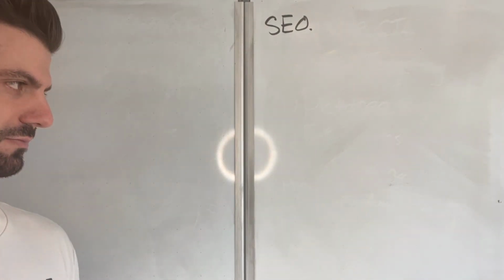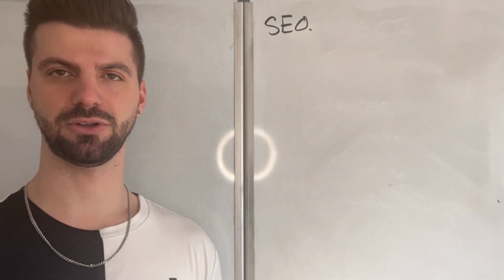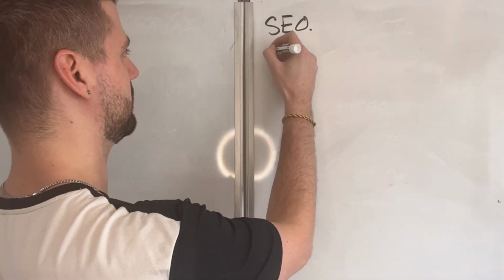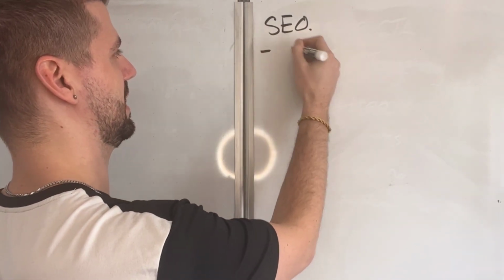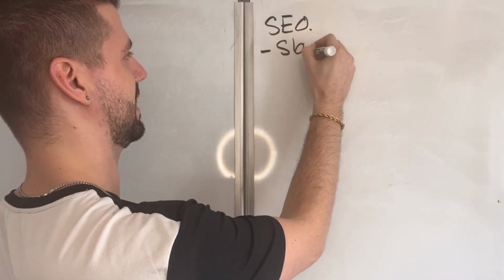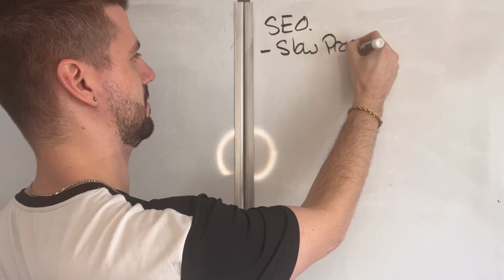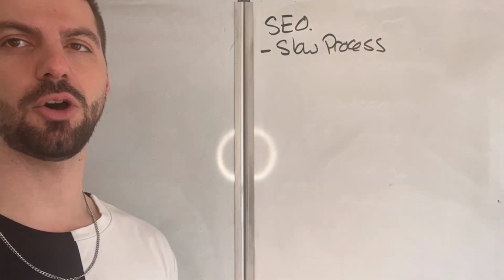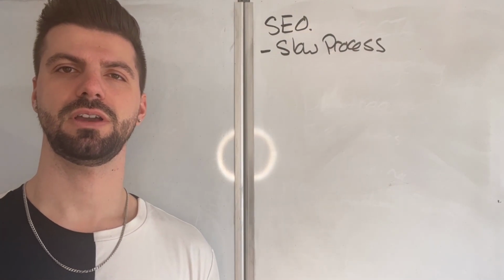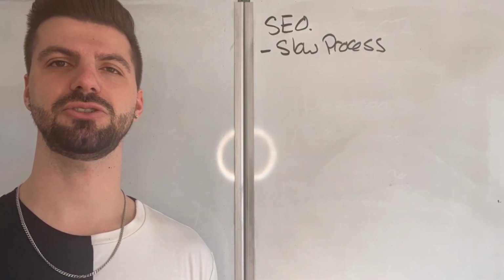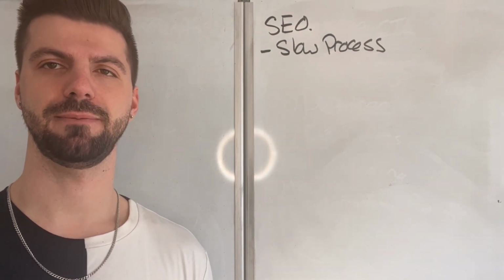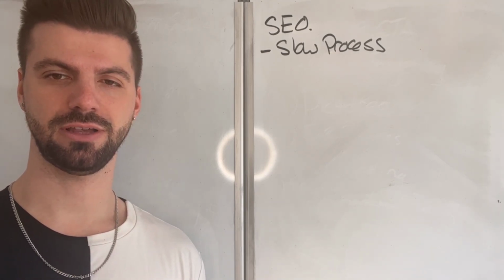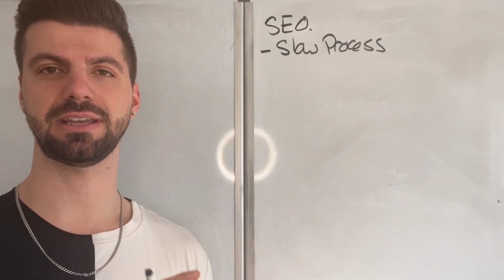Right, so the first thing that you have to understand about Google SEO is that it's a very slow process. So if someone tells you, hey, we can get you to the top of Google using SEO alone, like if they're using Google Ads, that's different, and we'll talk about that in a sec.